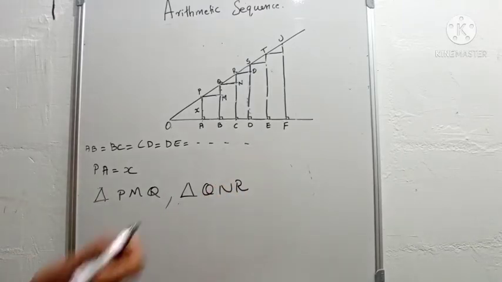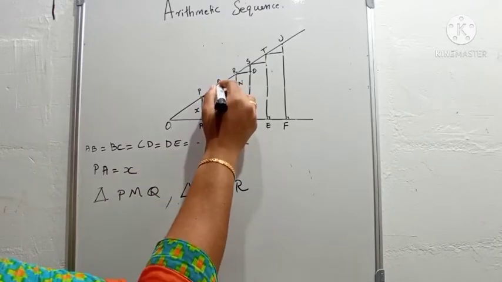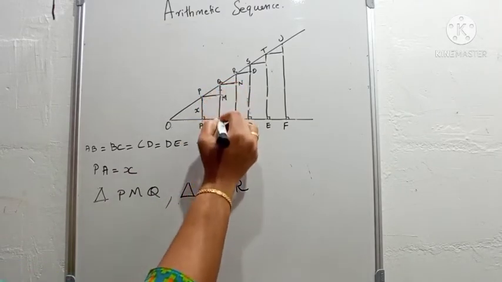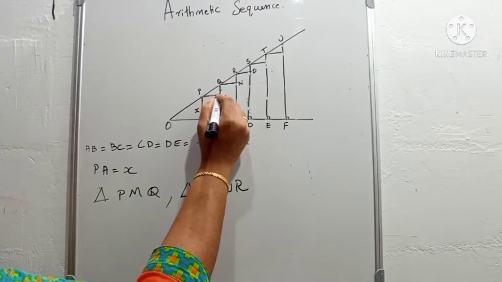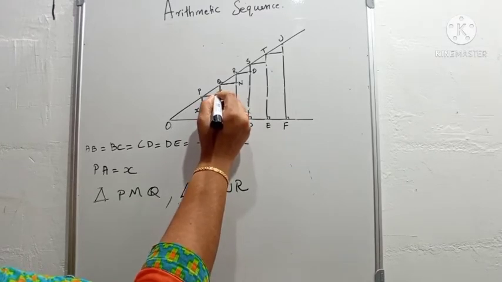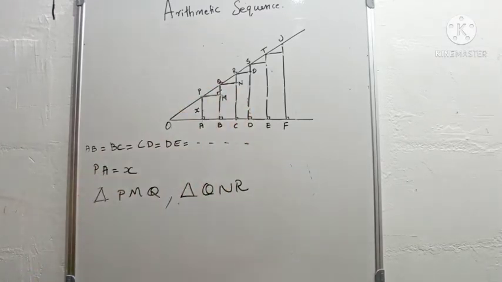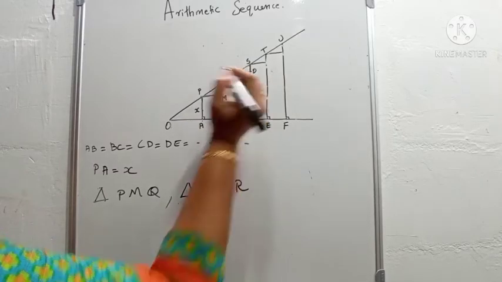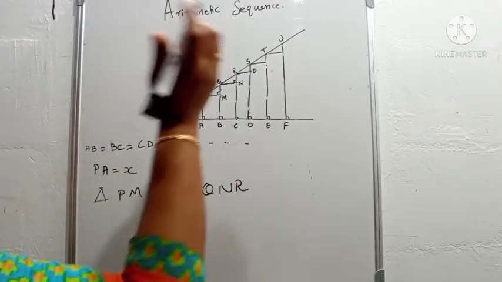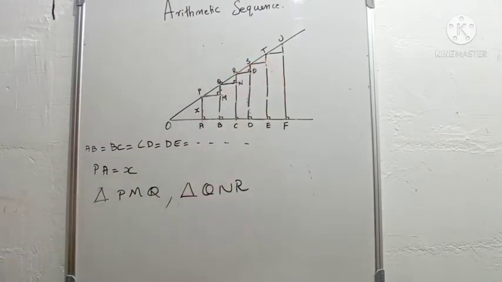Okay, we know that these two lines are parallel. Then what about this angle? This angle is equal to 90 degree, right? What about this angle? That angle is also equal to 90 degree. And what about this angle? That is also equal to 90 degree.